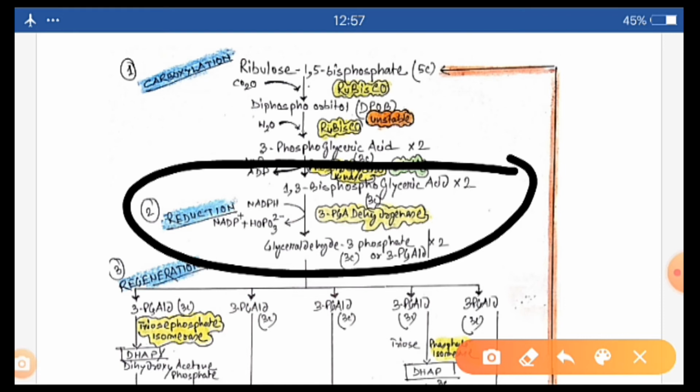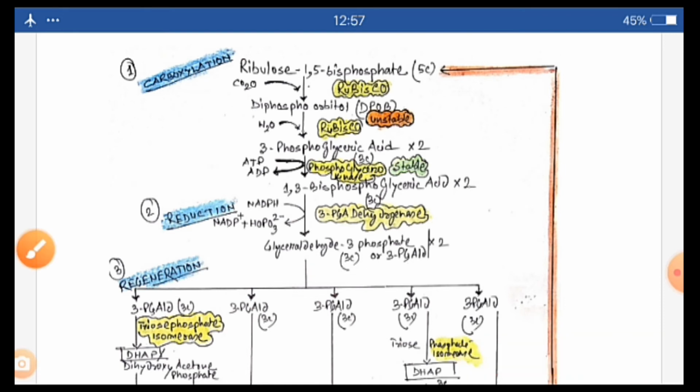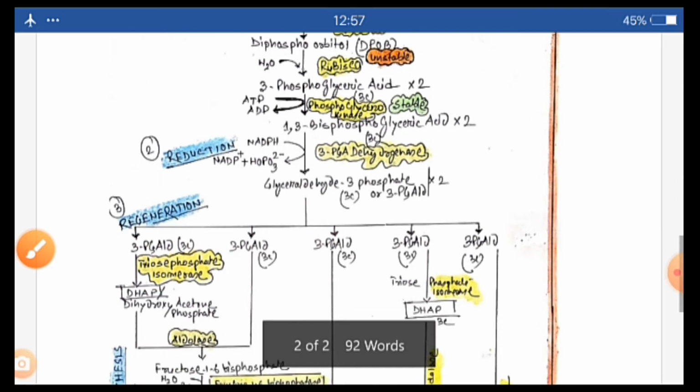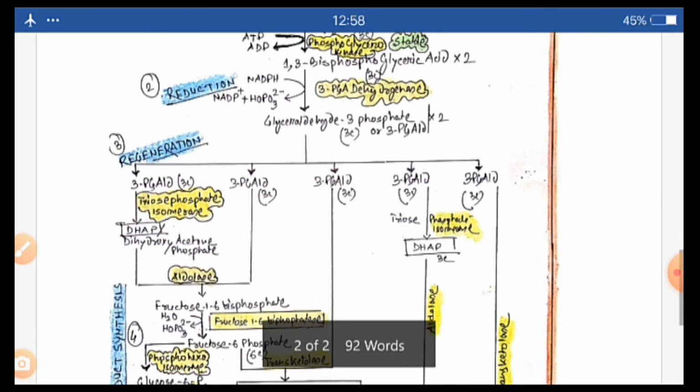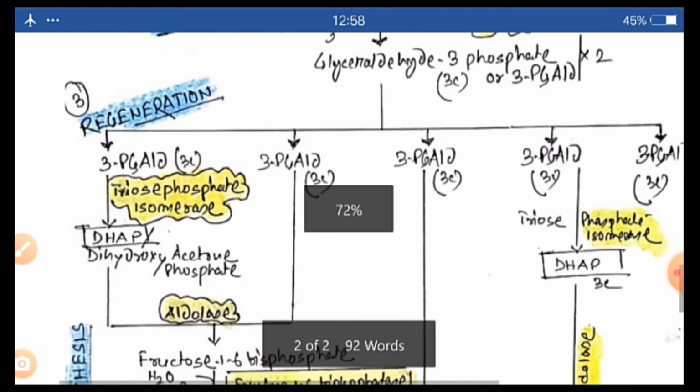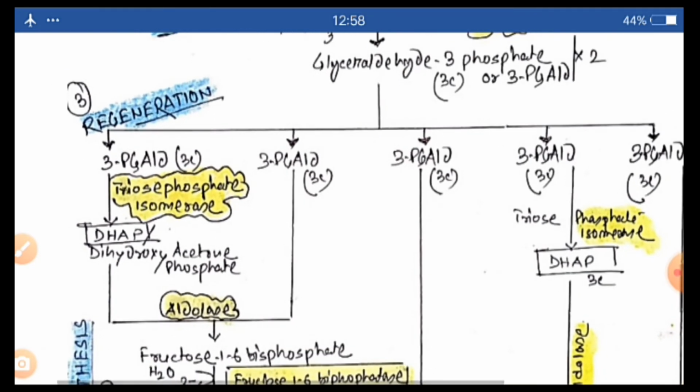Okay, let us see what happened then. In the next phase, we will discuss product synthesis.